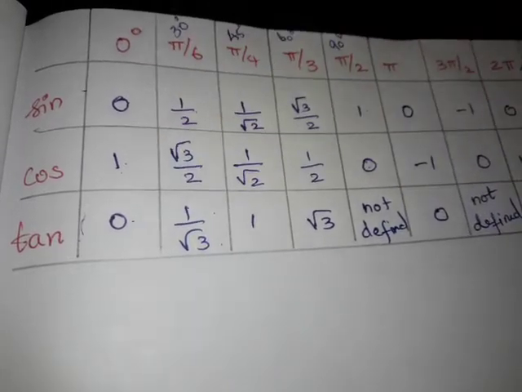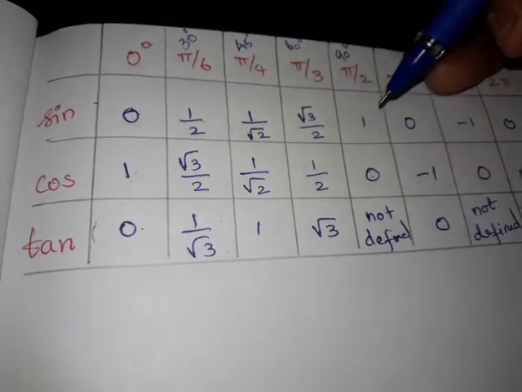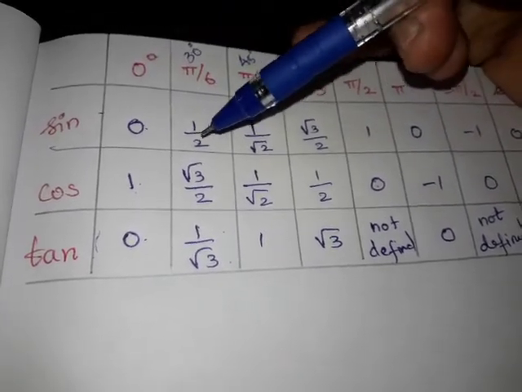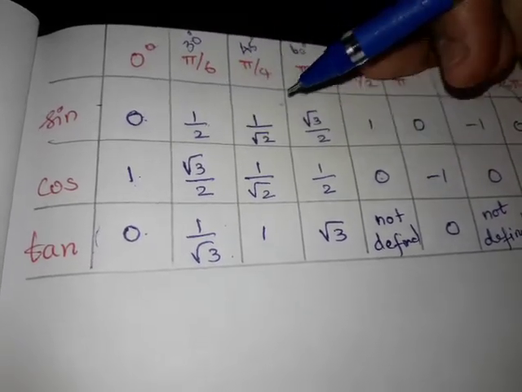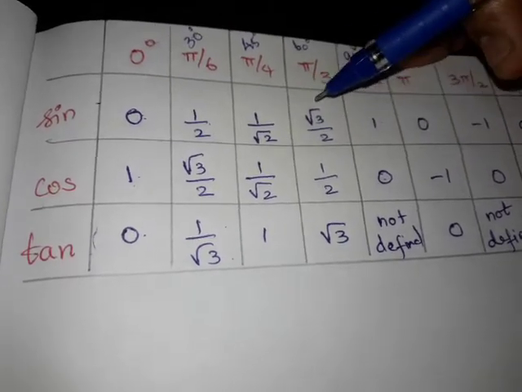Now how will we remember the in between values? I will remember in this way: 0 to 1. After 0 you take half, which is 1 by 2. So 0, half, then 45 degree is 1 by root 2, then root 3 by 2. Slowly you have to increase.